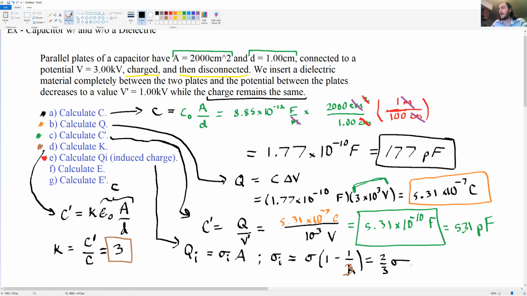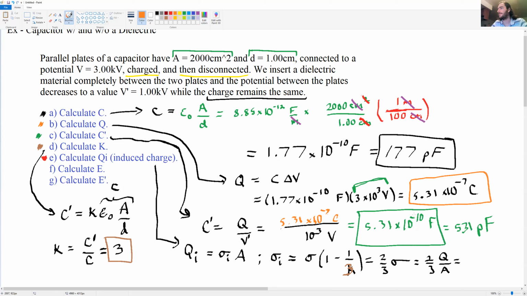And of course, sigma is the total charge on, for example, the positive plate divided by the area of that plate, right? Well, these are things that we know. We know what the charge is on the plate.